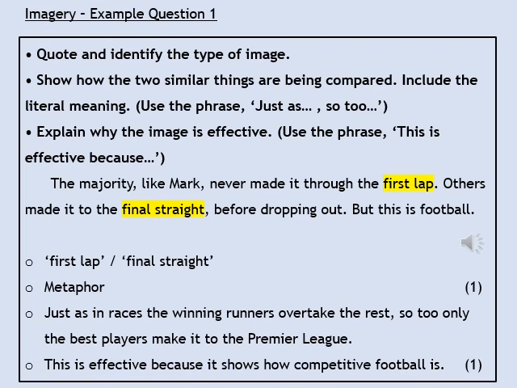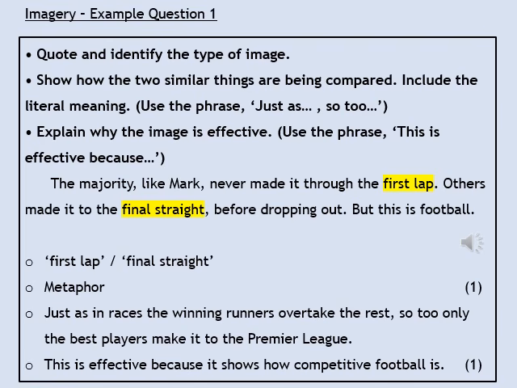Therefore, what we've got to do first of all for an imagery question is quote and identify the type of image. Once more, is that metaphor, simile, or personification? Here we can see we could have said first lap or final straight, both of which are examples of metaphors. There's our first mark.